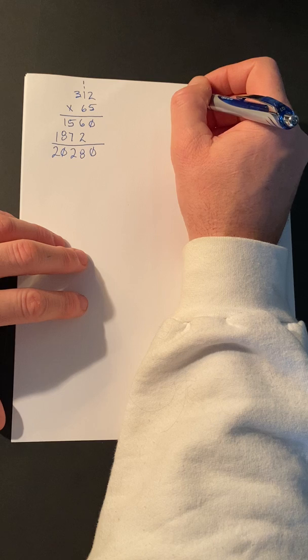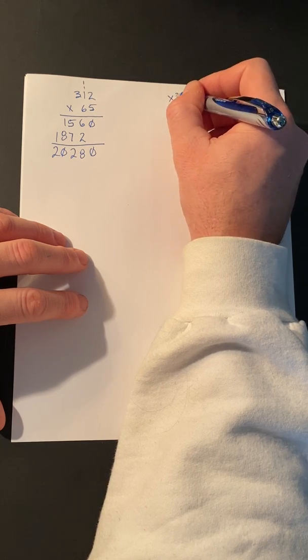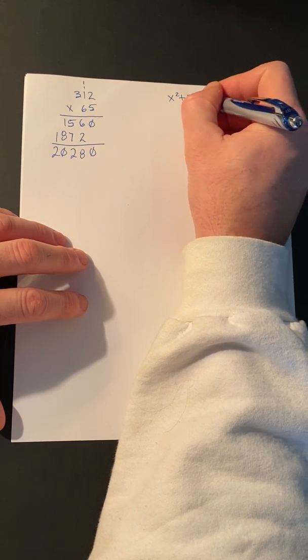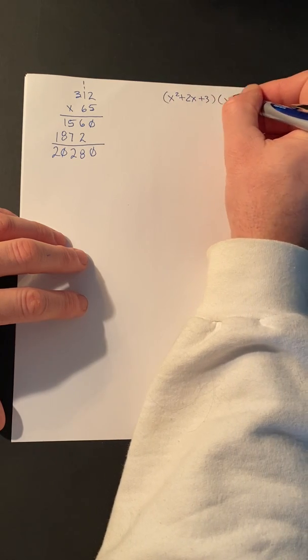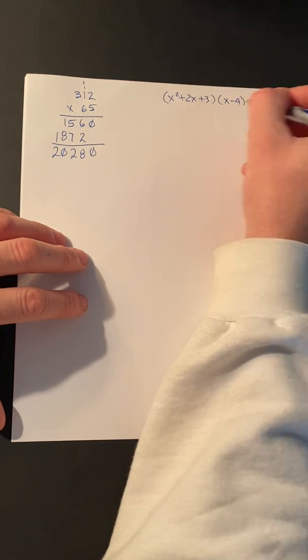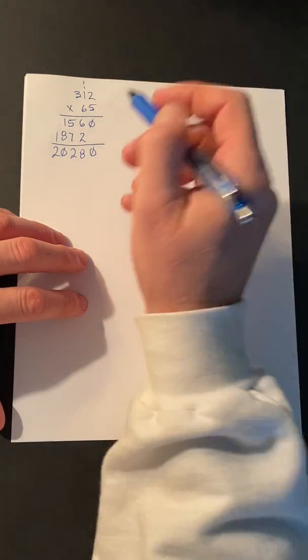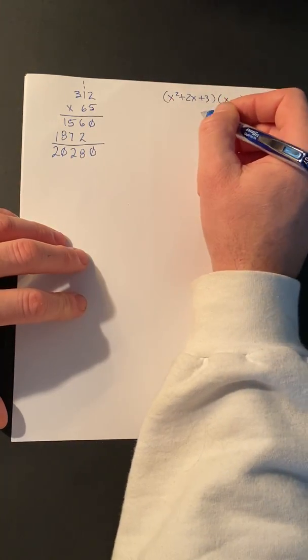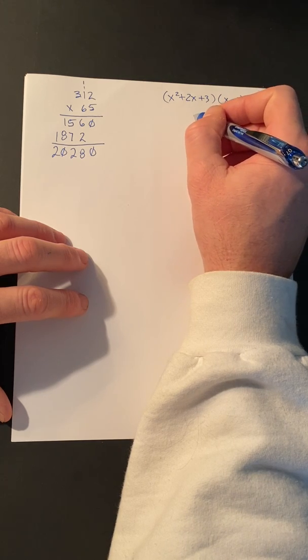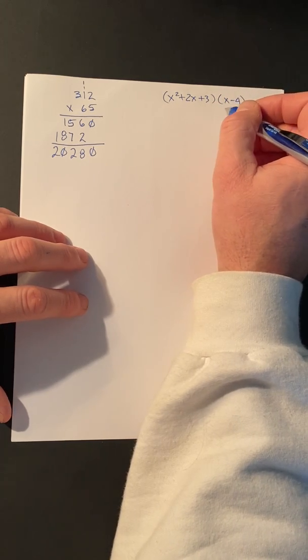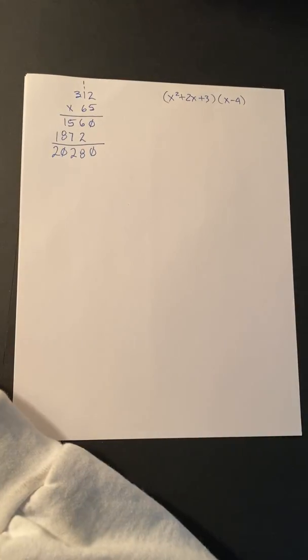If I were to have x squared plus 2x plus 3 times x minus 4, okay? I can set this up just like this, right? I can say I have, let's try to keep it all lined up, okay?